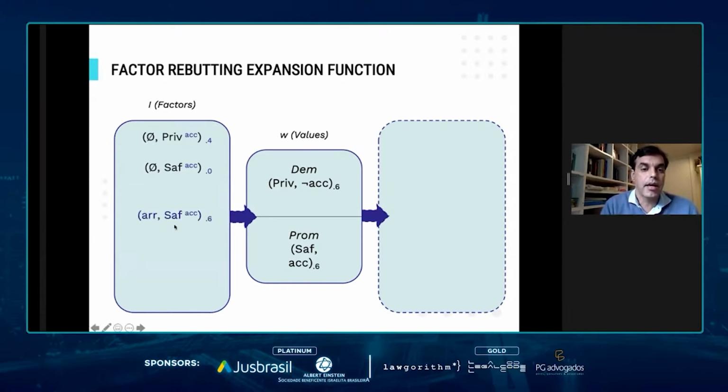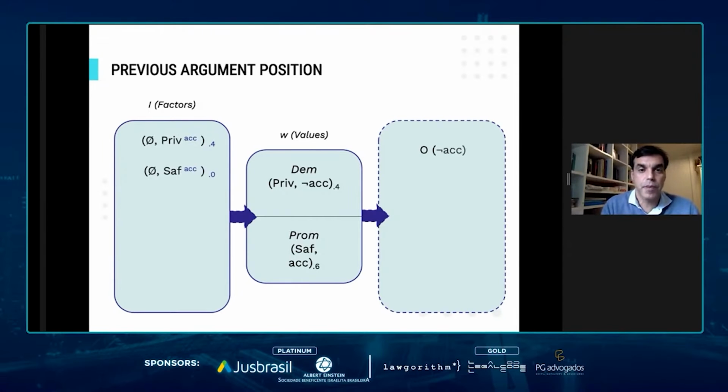This new factor increases the strength of the promoted values, and therefore it beats the previous argument position where the action was forbidden because the demoted values were stronger than the promoted values.